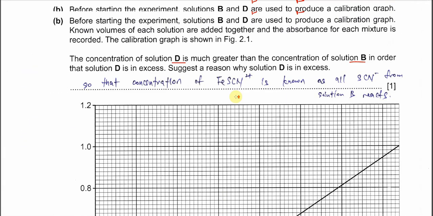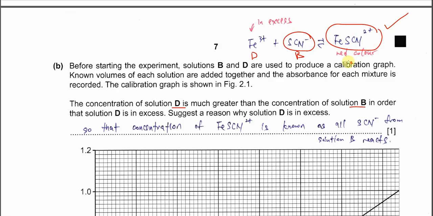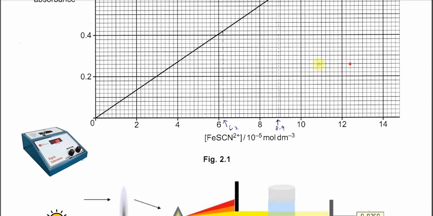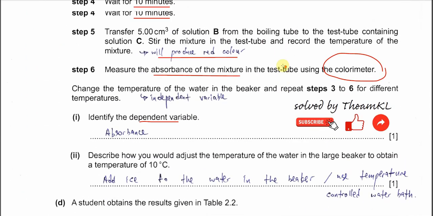It will form this. How much of this product is produced at a certain temperature is always different. So that's why when temperature changes, the absorbance will change. So the dependent variable must be absorbance.